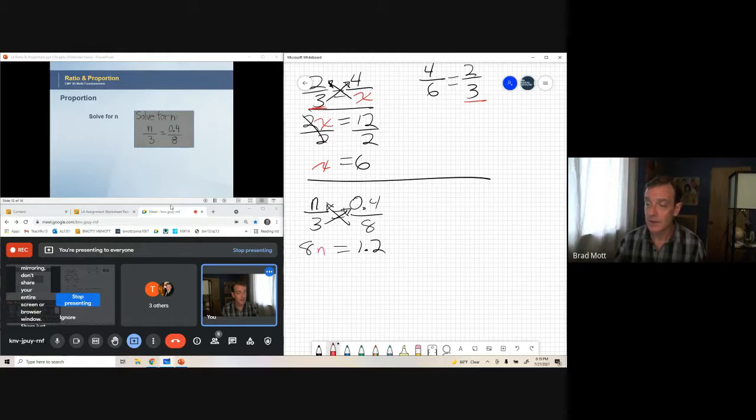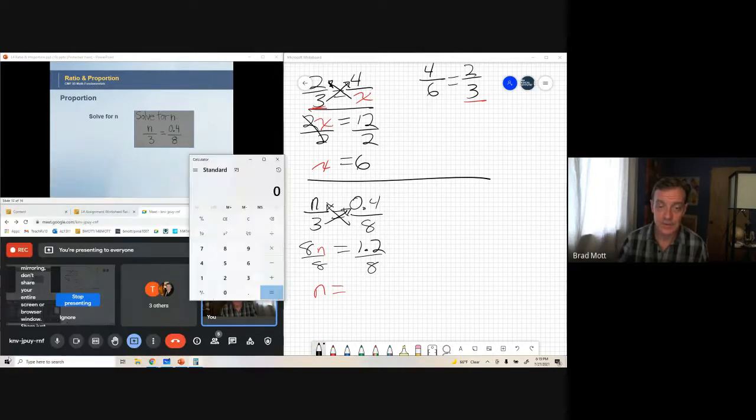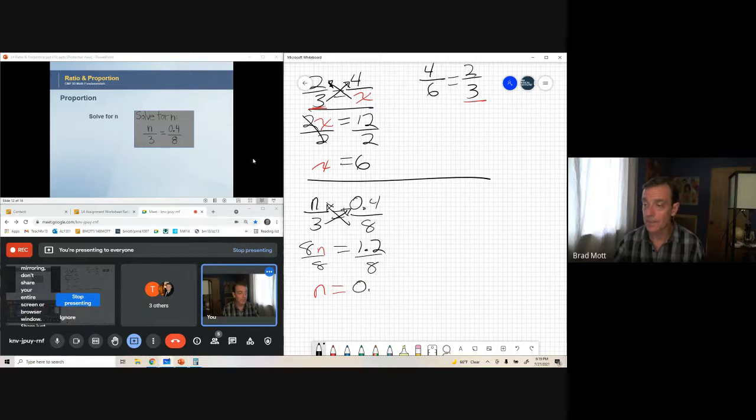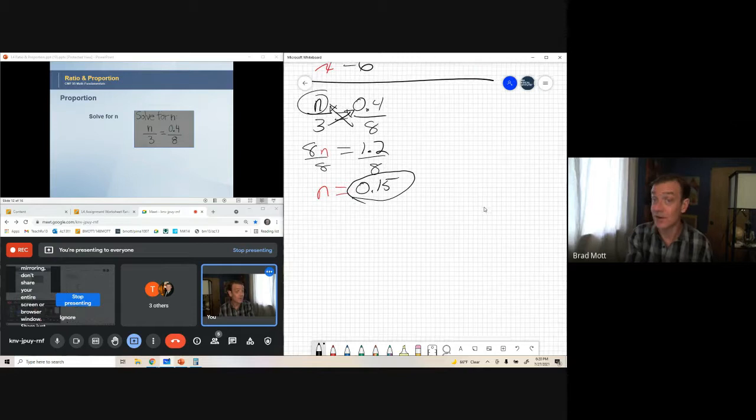Divide both sides by 8, and we will get n equal to 1.2 divided by 8, which is 0.15. So n is equivalent to 0.15. If it's anything else, then those two terms are not proportional by definition. Okay.